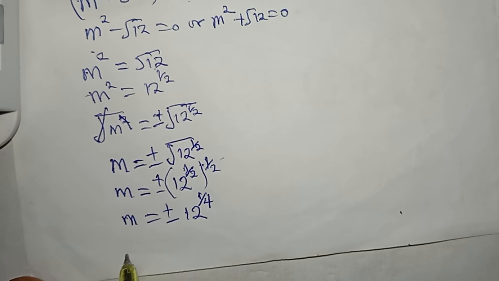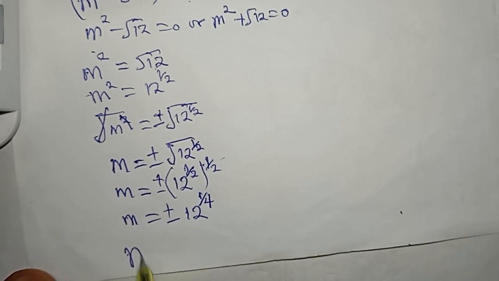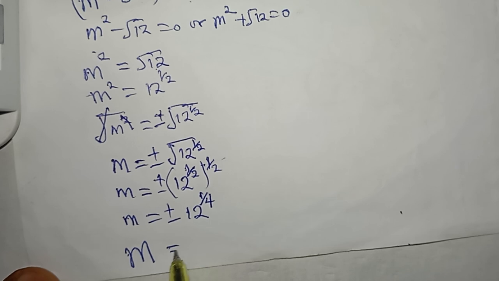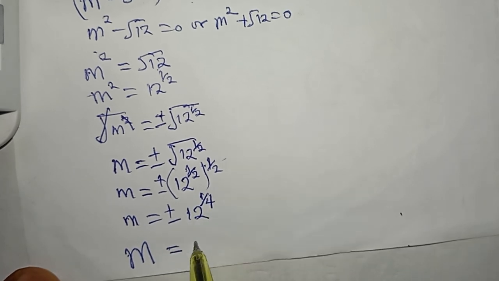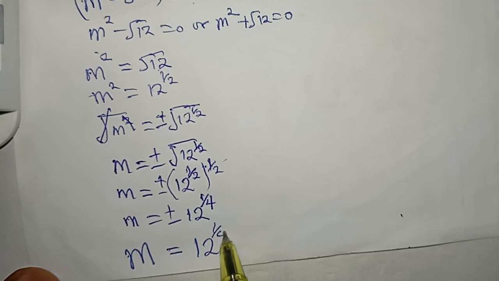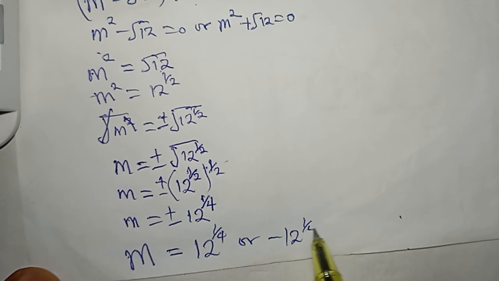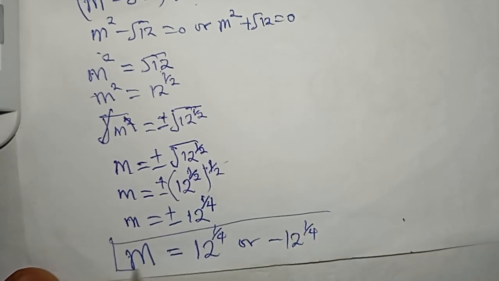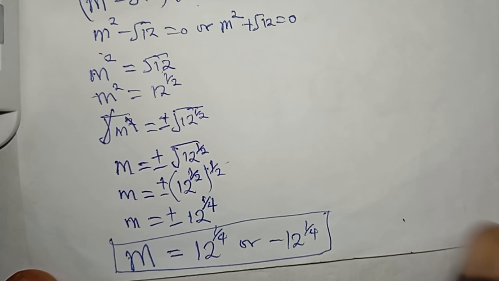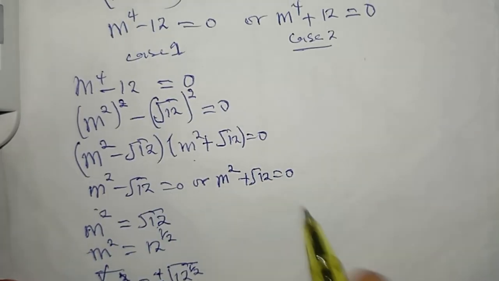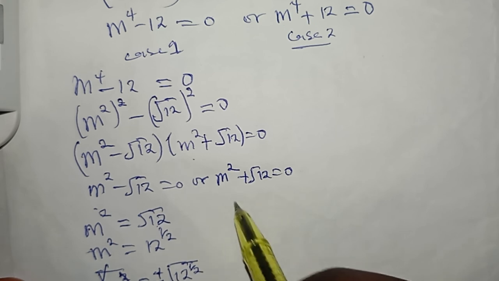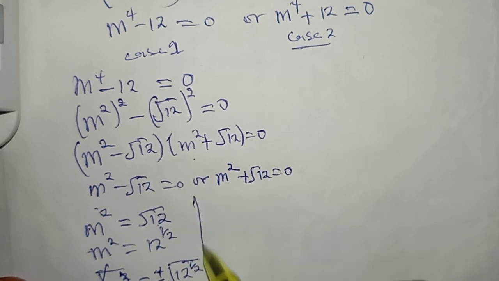So we're getting the two values of m from here. M is equal to positive 12 power 1 over 4, or negative 12 power 1 over 4. Good. So we've got this right here, and then we can come back here and also solve this for this side. So let me just draw this line.